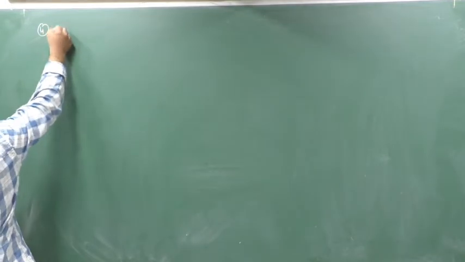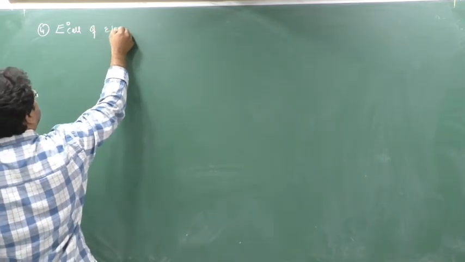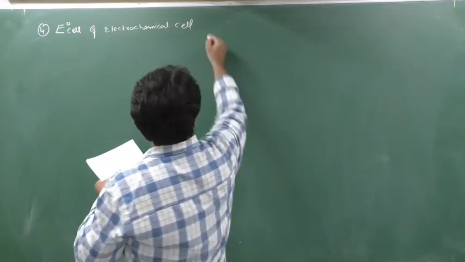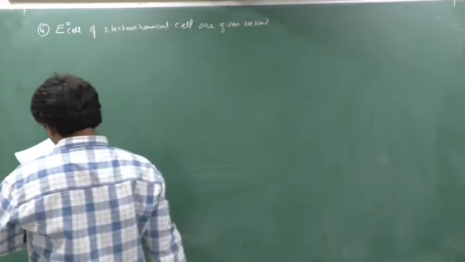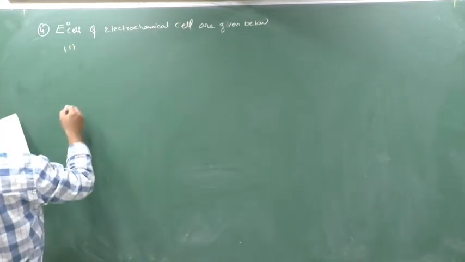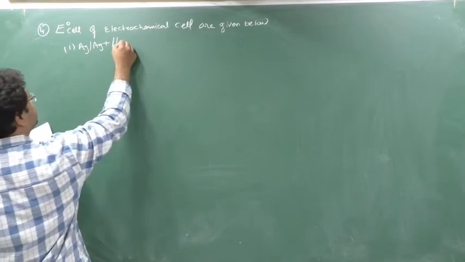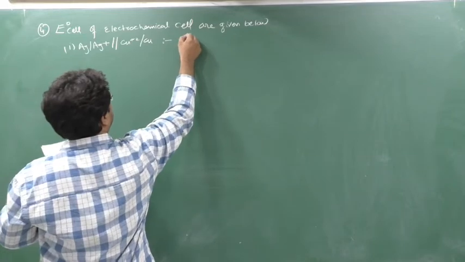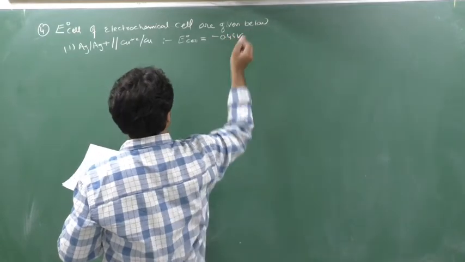E naught cell. Write down the next question. E naught cell of electrochemical cells are given below. First is Ag/Ag+ salt bridge Cu+2/Cu, E naught cell is equal to minus 0.46 volt.